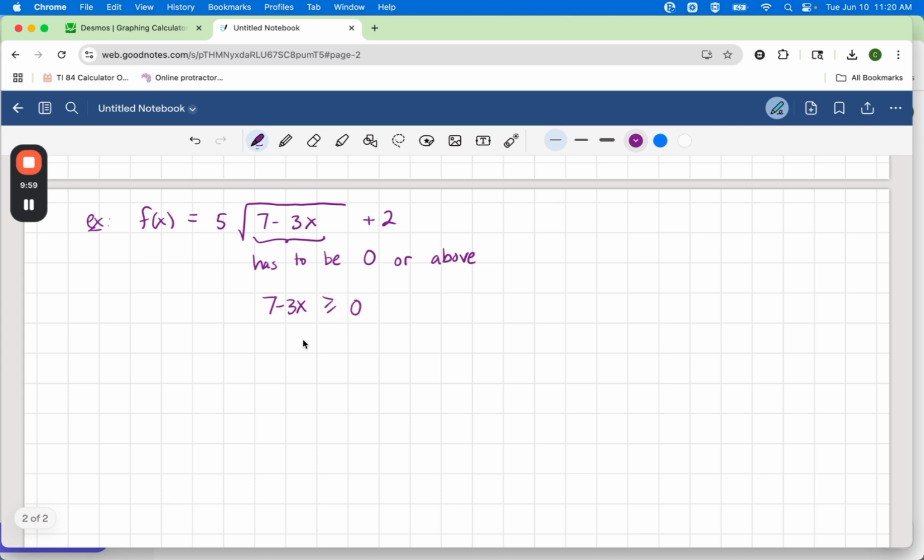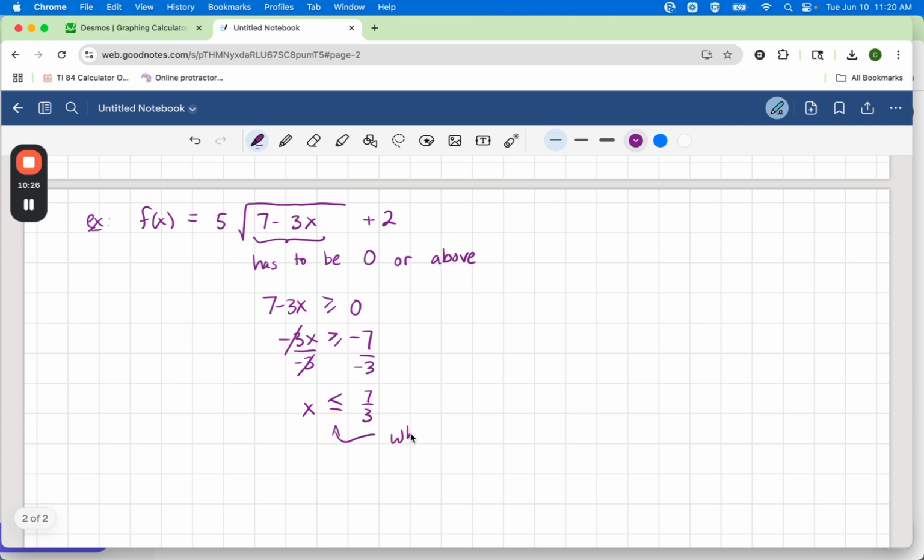So then I solve it. Subtract 7 from both sides. Negative 3x is greater than or equal to negative 7. Then I'm going to divide both sides by negative 3. Now hopefully there's a bell going off in your head. Ding, ding, ding. I'm dividing both sides of an inequality by a negative, so the direction of the inequality sign must flip. So x has to be less than or equal to 7/3.